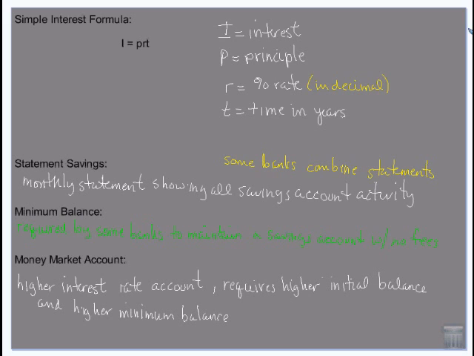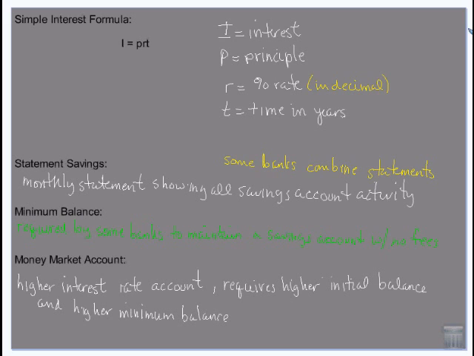Some banks require a minimum balance for your savings account if you want to pay no fees. My bank has a $5 minimum balance requirement. So if I want my savings account to be free, I have to keep $5 in it. Which, if I don't have $5 in it, I probably can't afford the fees anyway, right?